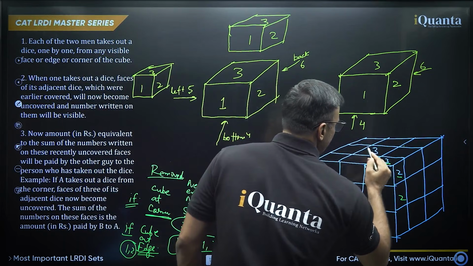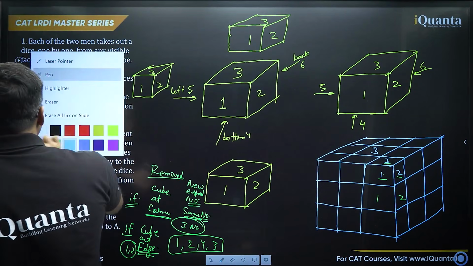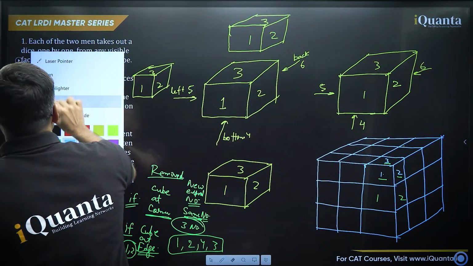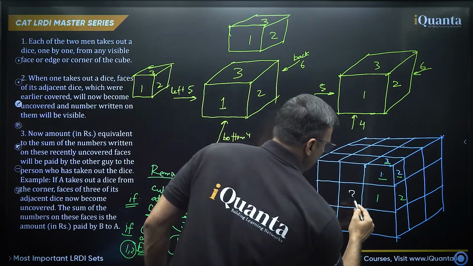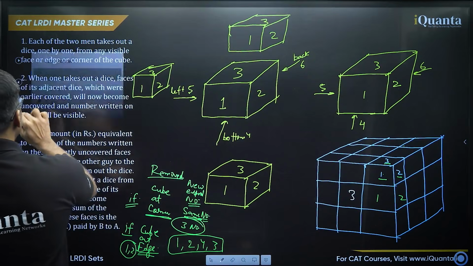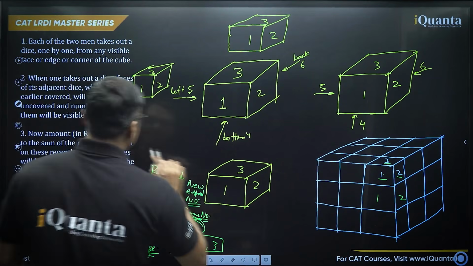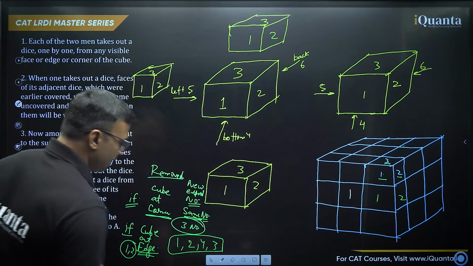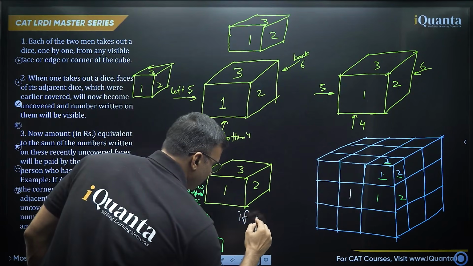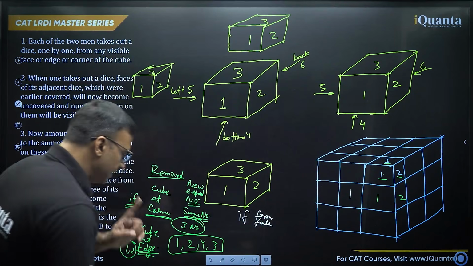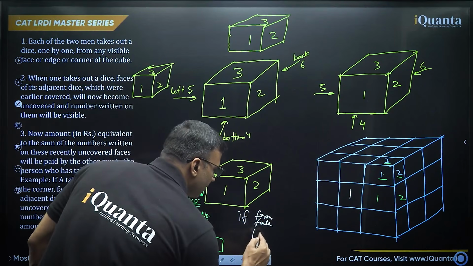So originally this had only one surface or only one face visible, right? Don't forget that this has only one face originally exposed. So if I take out a cube from the face, originally there was only one number exposed.